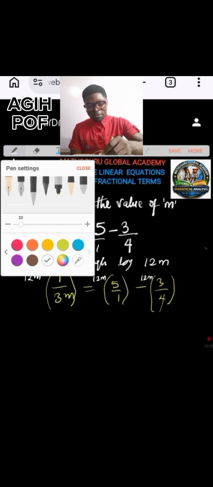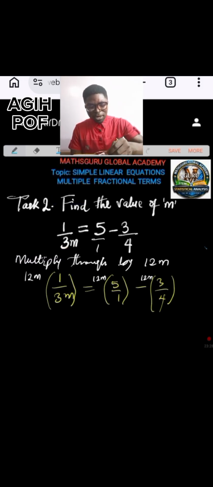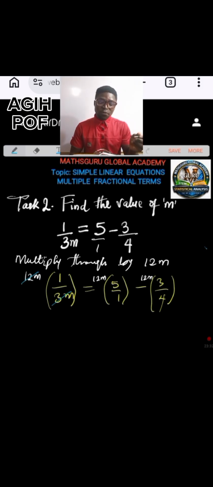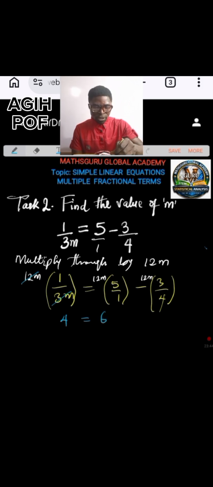Now, let's do the needful. 3m into 12m is going to give us 4. 4 times 1 is 4. And this is equal to 1 in 12m, which is simply 12m, and 12m times 5 is 60m.